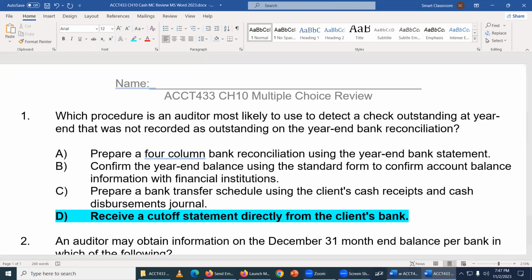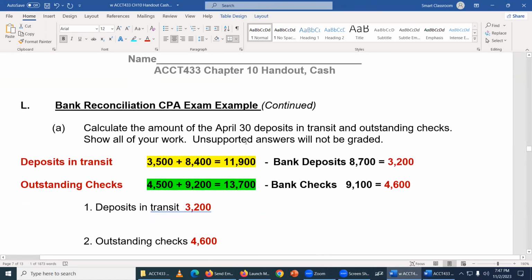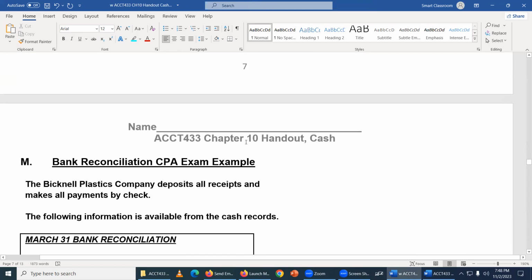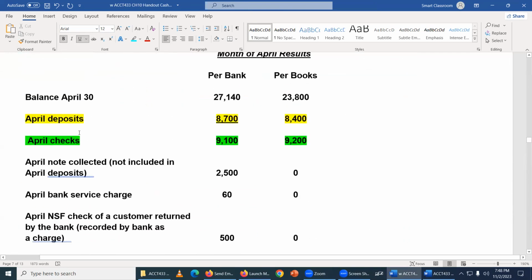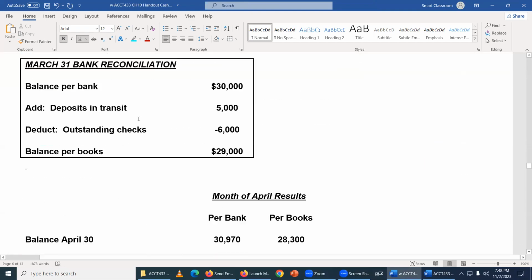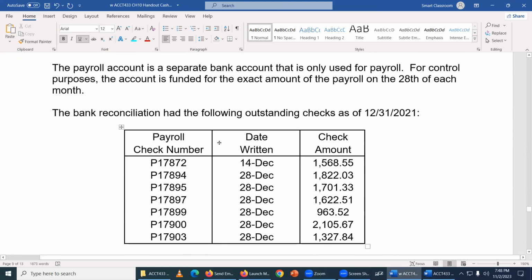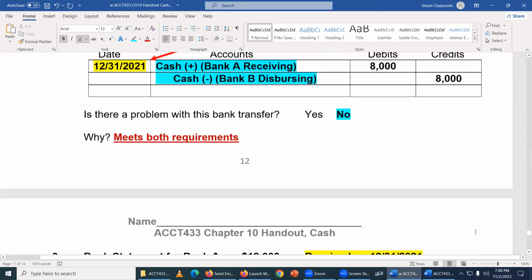So here's what's going to be on the test. On the test, you're going to get one bank reconciliation. I'll send out the solution to the bank reconciliation for M. I'll also send out the proof of cash. Proof of cash will not be on there, but the bank reconciliation will, so you'll get one like L and M. You'll get a kiting example.